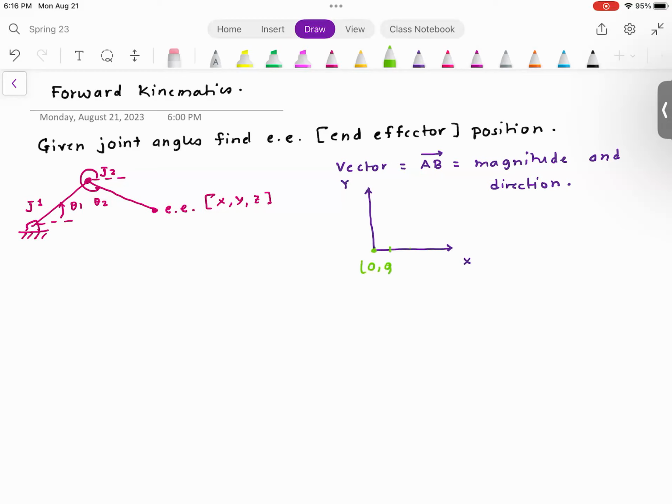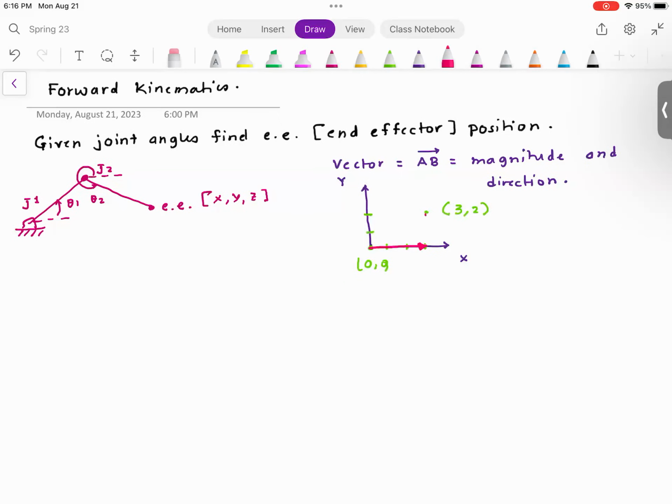And if I say 3, 2, what that means is I need to travel 3 units in x direction and 2 units in y direction. That means if I have point O and point A, and I draw a line and indicate the direction, I have a vector OA.